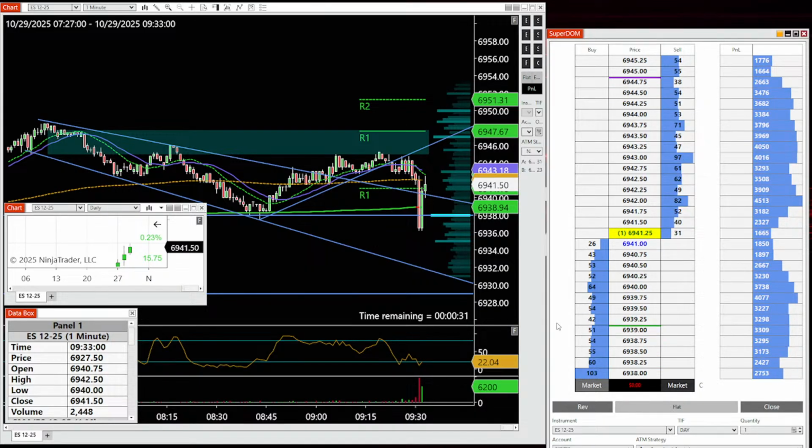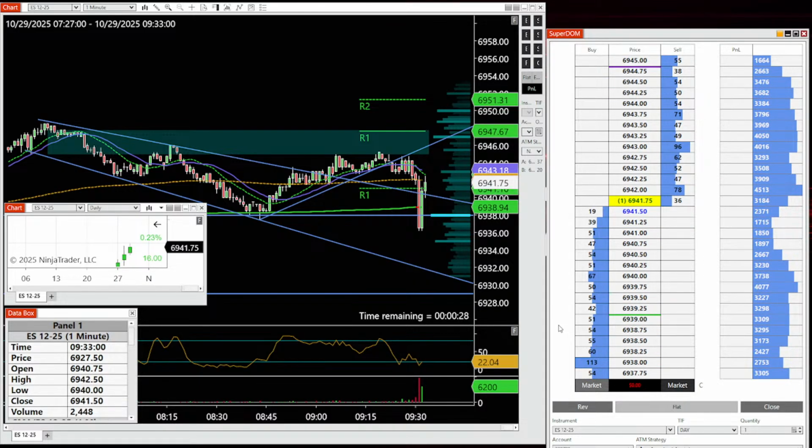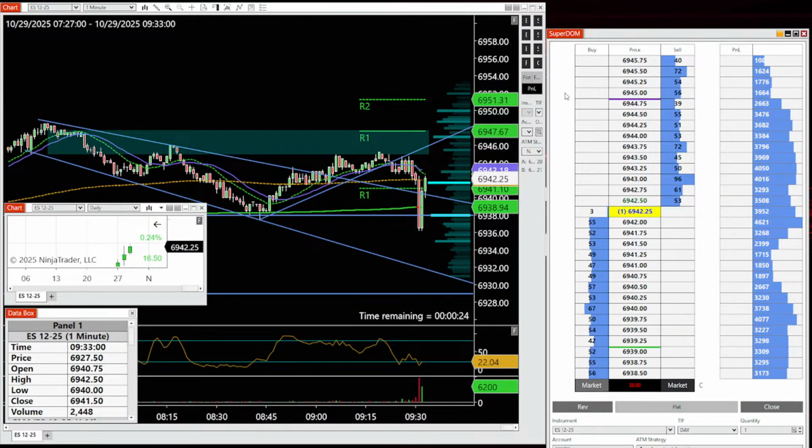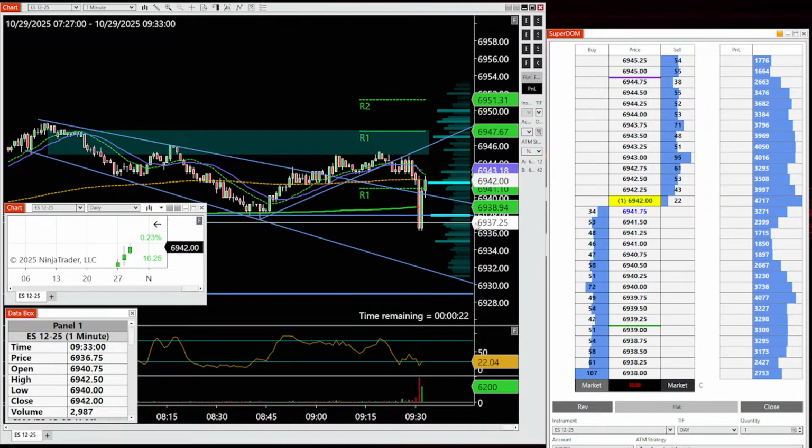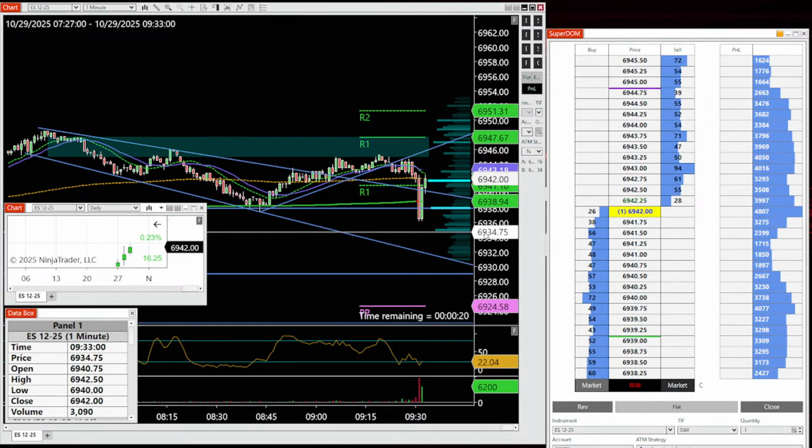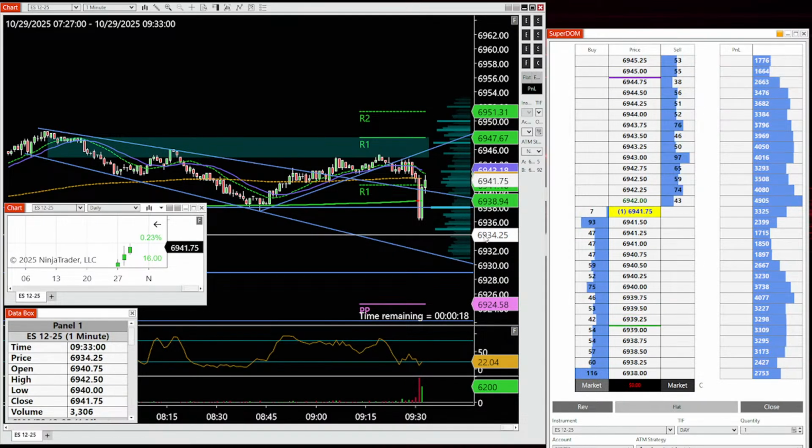Usually I would take the 40 break to try to get up to the 44, but I'm not doing it this morning. We'll see where it wants to go.